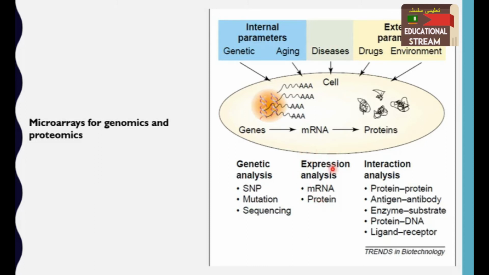As we know that gene expression studies we mostly carry out by using the messenger RNA level, that we can check the messenger RNA level by using the real-time PCR or by using the DNA microarray. But as I have told you earlier that the messenger RNA level and protein expression do not necessarily correlate.